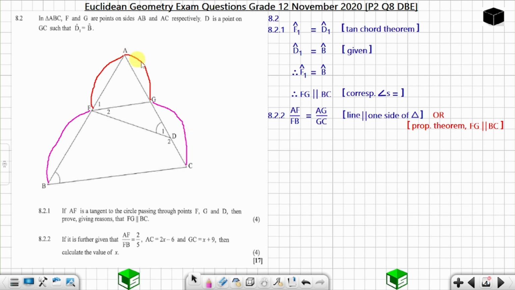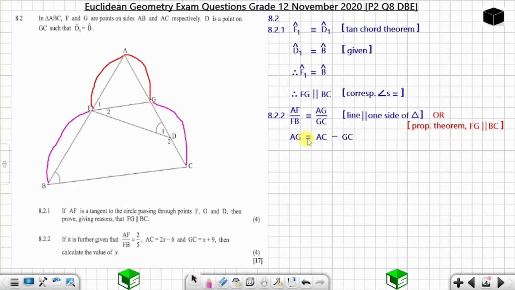So we can find AG by taking AC minus GC. So AG is equal to AC minus GC.